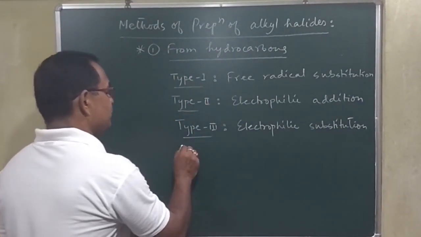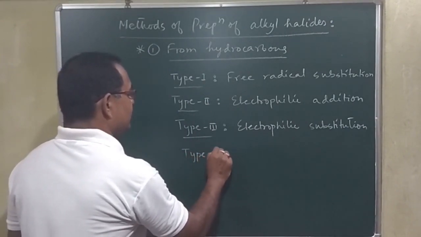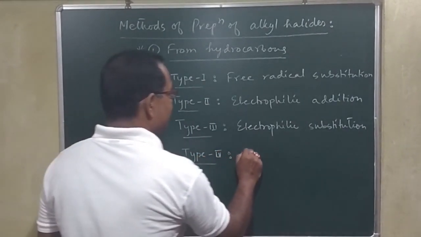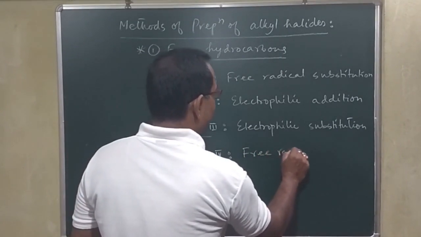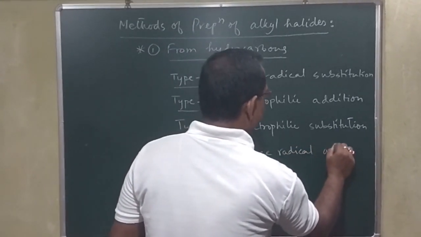Not 3 actually, we have 4 types of reactions. Another type we have got is free radical addition.